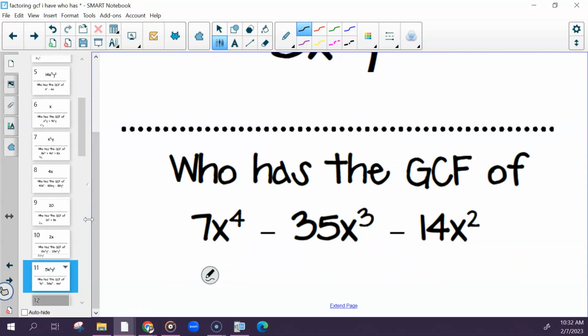Okay, who has the GCF of 7x to the 4th minus 35x squared plus 14x squared?